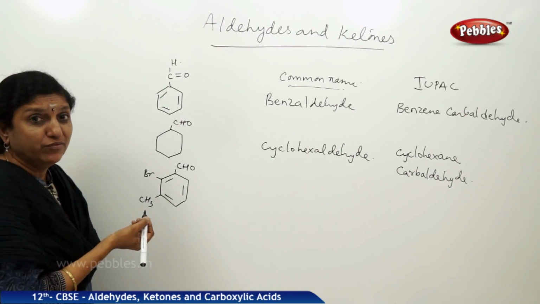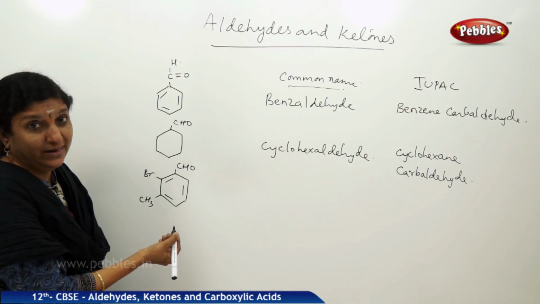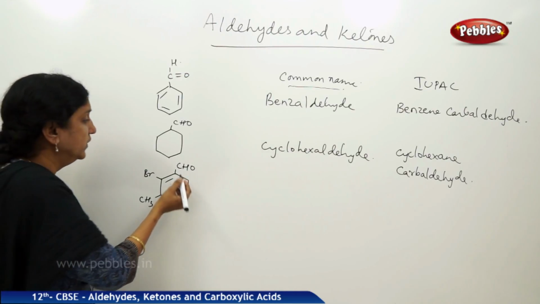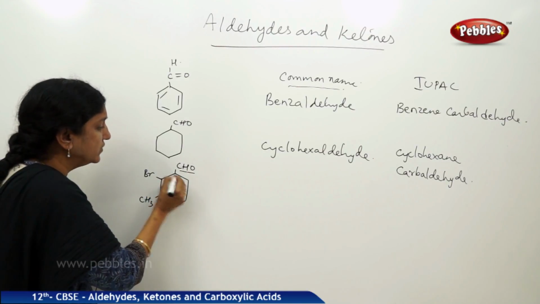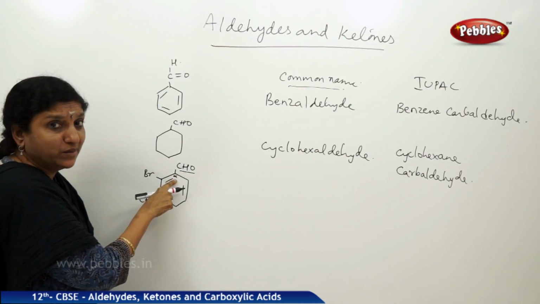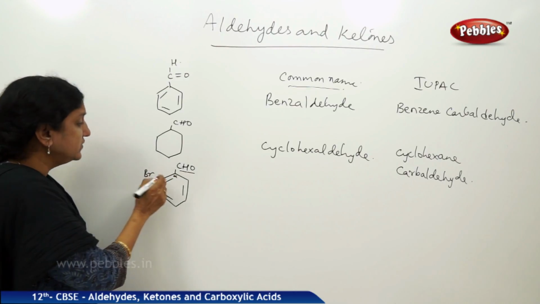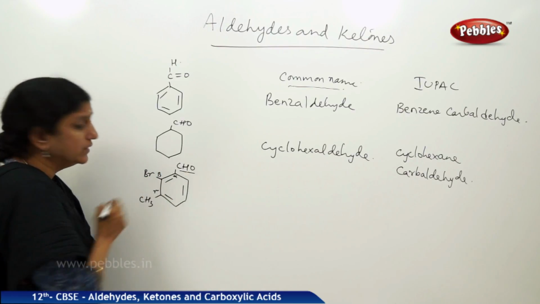Now what is this alpha? Alpha is the carbon directly attached to the aldehyde group or the carbonyl group. So this is our aldehyde group. The carbon directly attached to the aldehyde group is this. So you call this carbon the alpha carbon. The next carbon is called the beta carbon, followed by the gamma carbon.